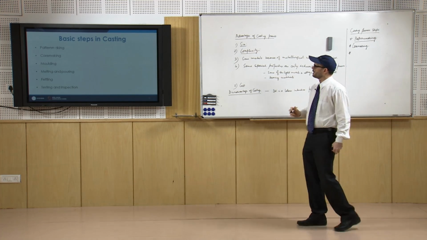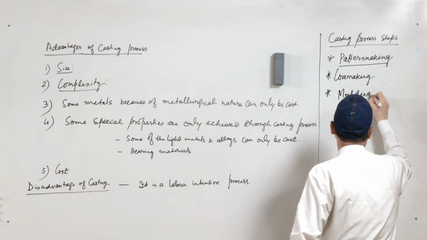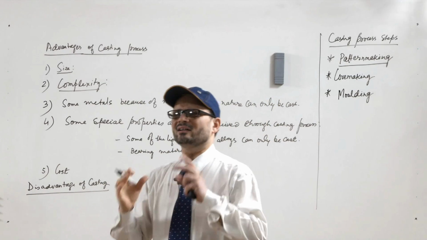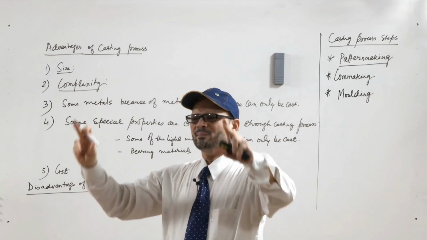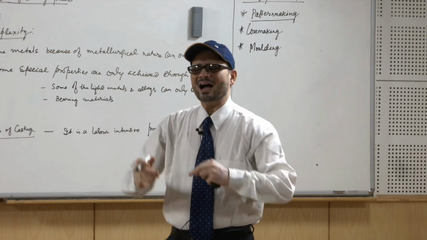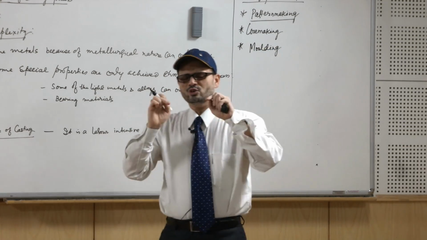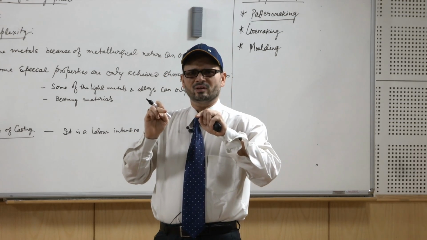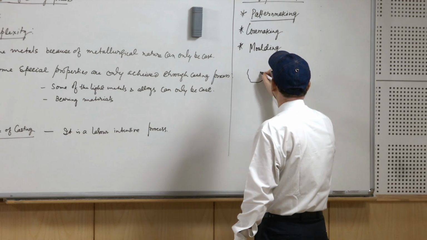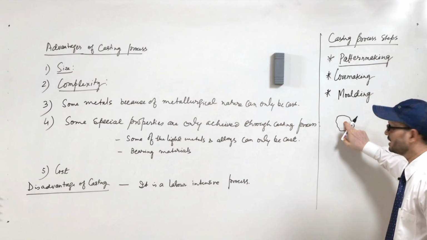Next comes molding. You have a molding shop where you are making the cavity for which the cast component is required. So, you are going to pour the metal in the cavity. If you have a cavity like this, ultimately this will be the pattern.